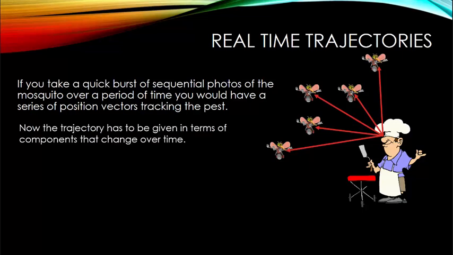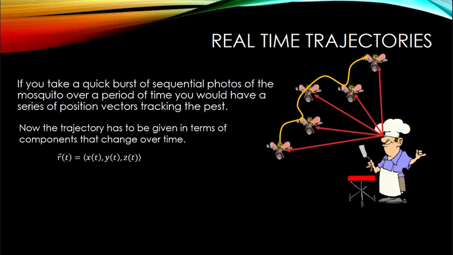Now the trajectory of the path my mosquito has taken can be given in terms of these components that change over time. If I construct a line that starts at the position of the mosquito in my first snapshot and connects to each subsequent position as the mosquito moves in time, I can describe a trajectory that is a vector whose components all depend on time as well.